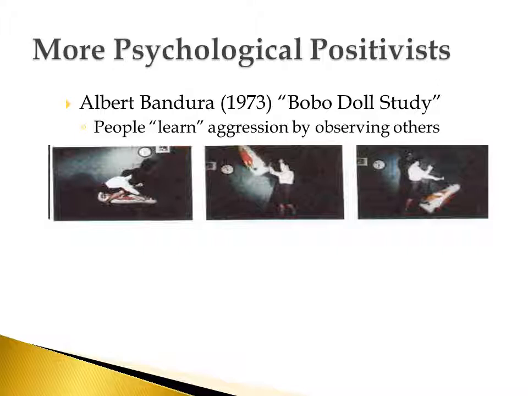You can see from these grainy pictures here, the woman gets on top of it and smacks it. She throws it around a little bit. She punches the Bobo doll. She basically behaves violently and aggressively towards this doll.